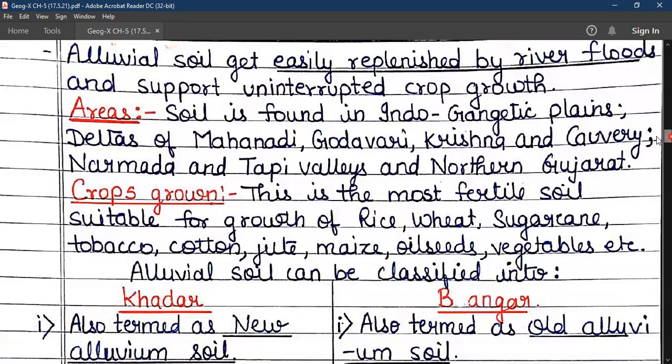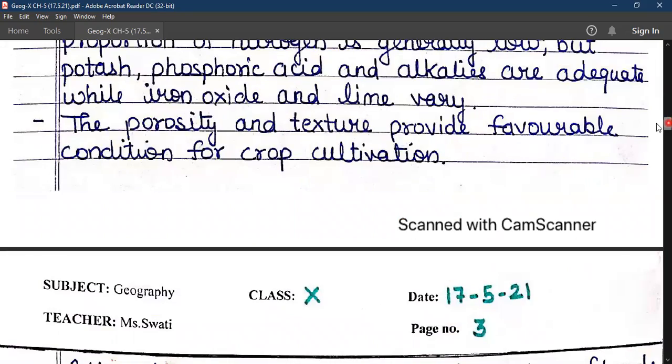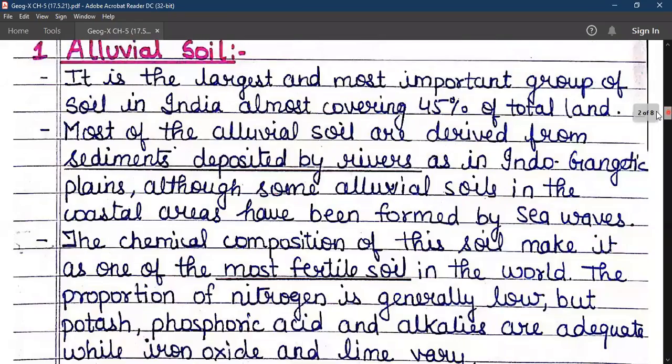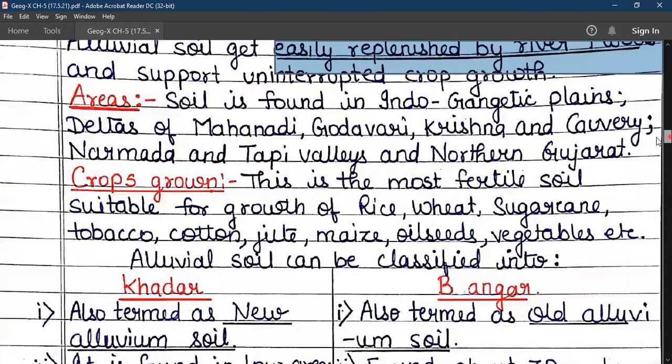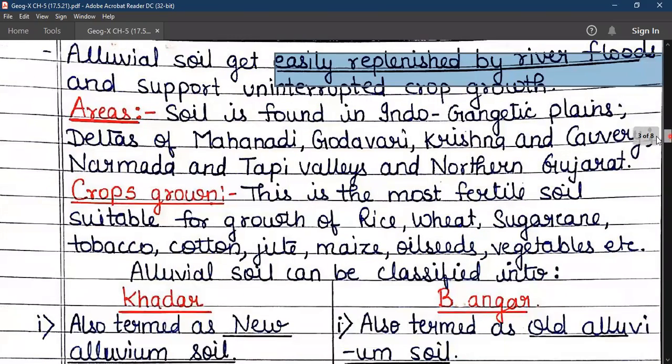Alluvial soil gets easily replenished by river floods and supports uninterrupted crop growth.